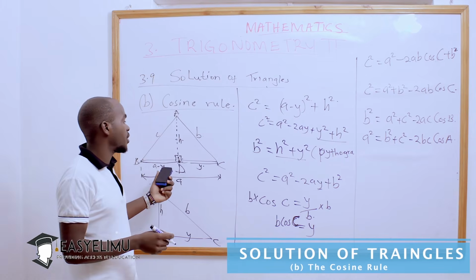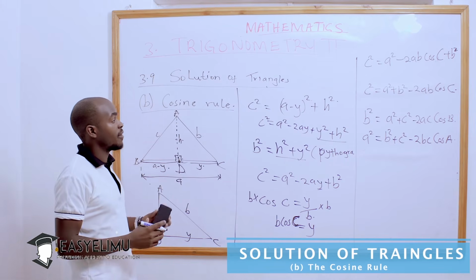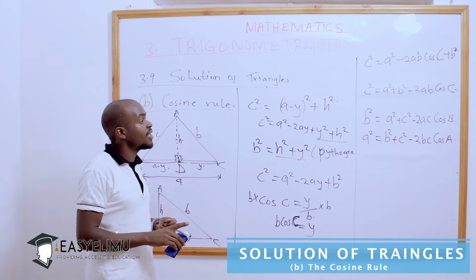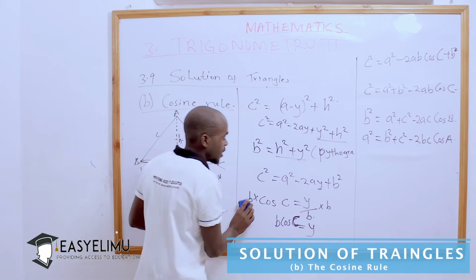If you work out using the same formula, using the other triangle, which is obtuse, you will still get the same values which we are getting up here.